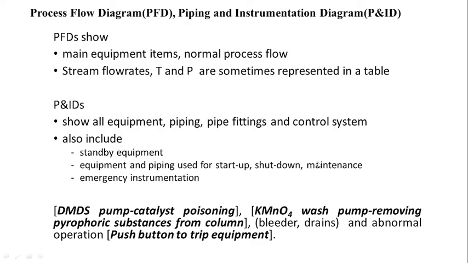Then some abnormal operation will also be present in P&IDs, like a push button to trip equipment. So if some fire has happened near the furnace area, we can trip the furnace using one push button. So it will also be present in the P&ID diagram.